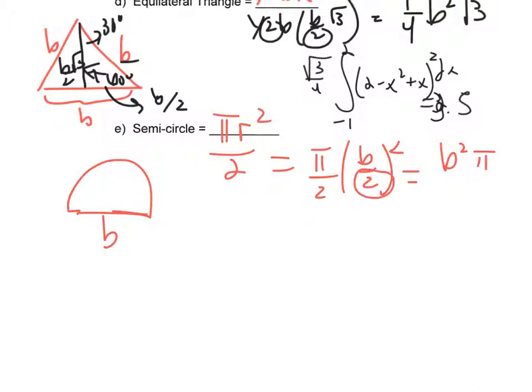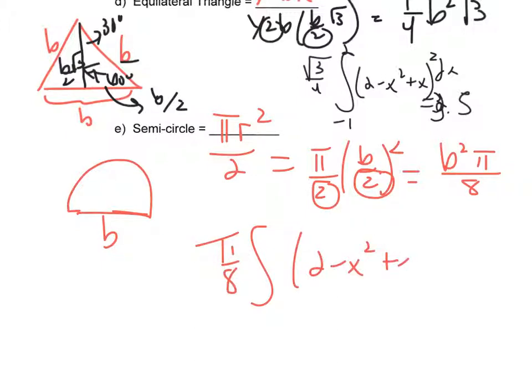Think about the 2 here is going to have to be squared, so that's 4 times 2 over 8. So your integral would be pi over 8, because you can factor that out, times your function squared dx from, again, -1 to 2. And that equals about 3.18.